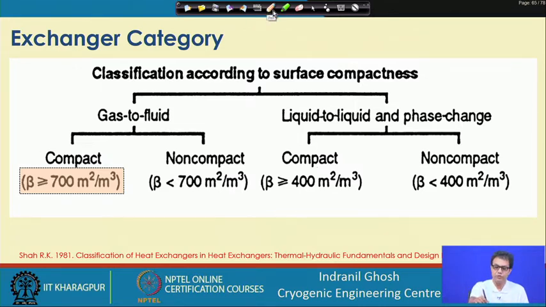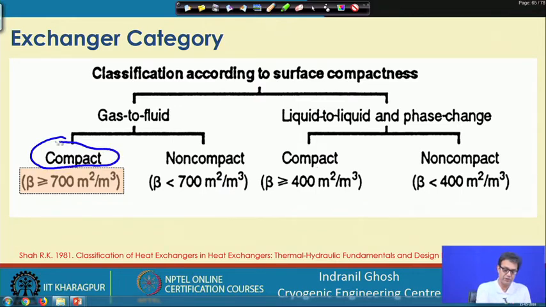If we look into that classification, we will find that there is a class of exchanger which is compact, and that compactness is defined by a parameter beta, where the demarcation between compactness and non compactness is 700 meter square per meter cube.